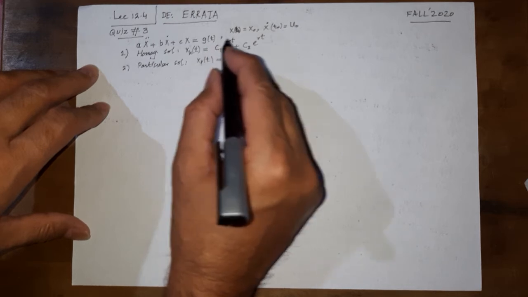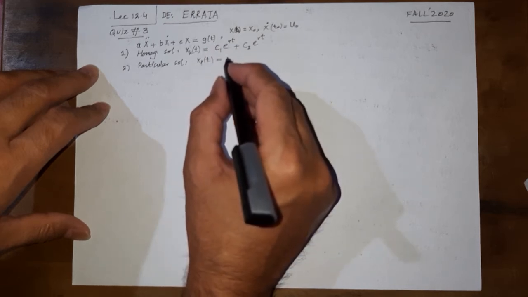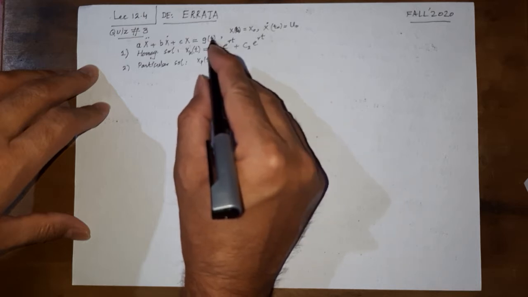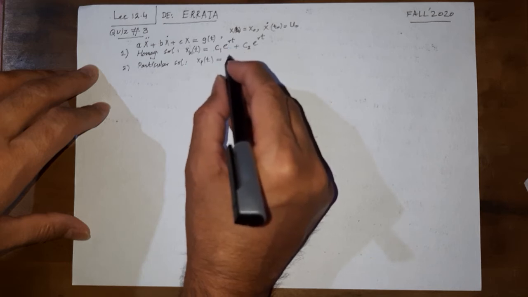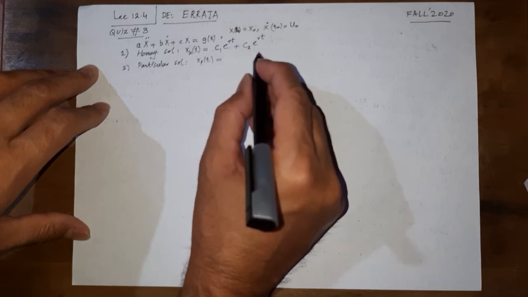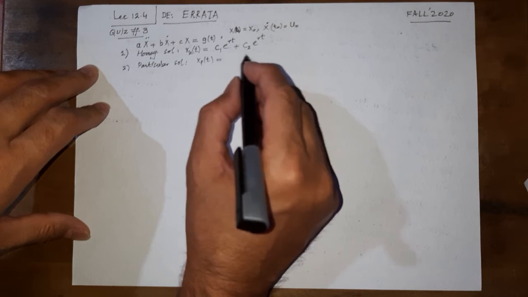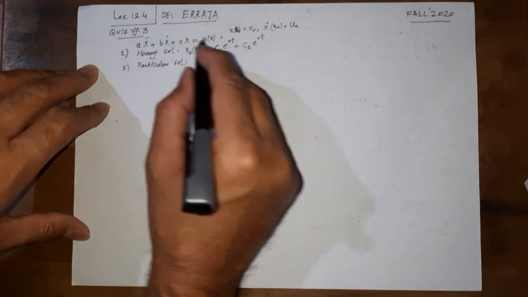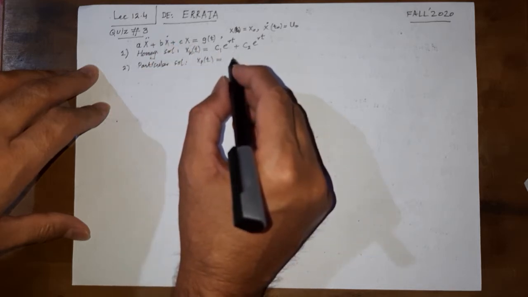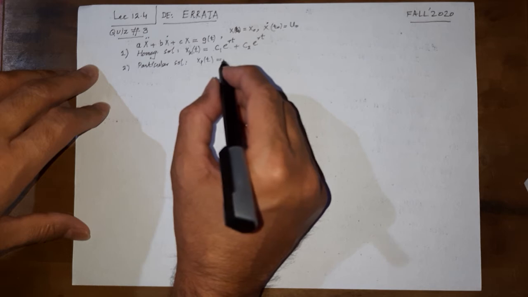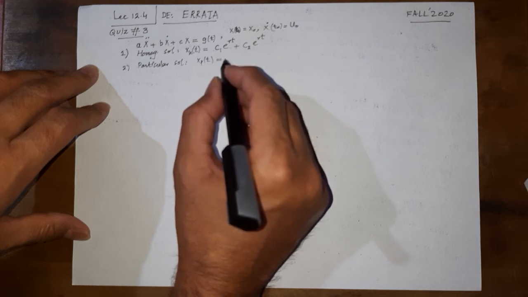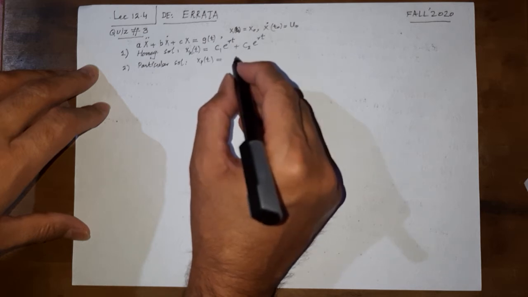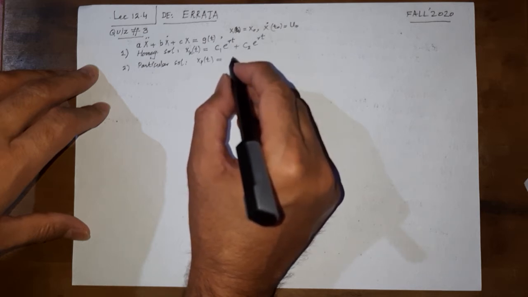If g(t) is an exponential function, this will be an exponential term here. If it is a trigonometric function, sine or cosine, we get a general solution with a sine term and a cosine term with two unknown coefficients, and we use the equation to find those constants.